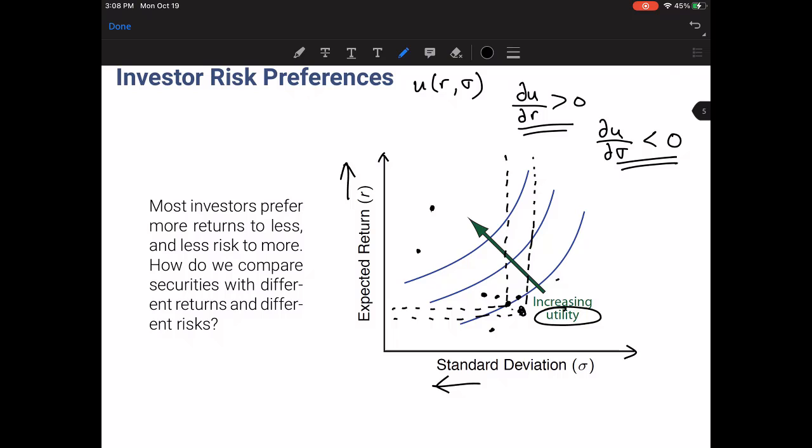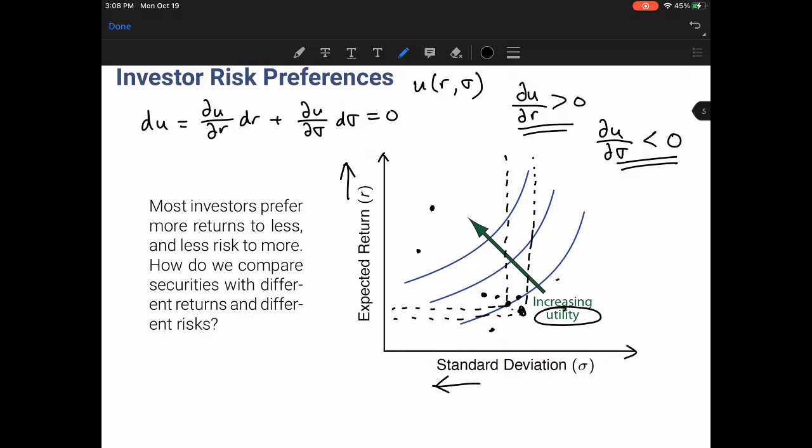But once I work through the math, I think it should be quite clear how to compare risk aversion between investors, depending on how you formulate their utility function. So let's look at the total derivative of U and set that equal to 0: partial U partial R times dR plus partial U partial sigma d sigma, set equal to 0.